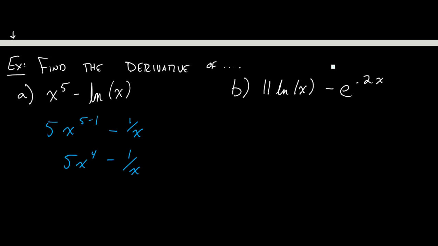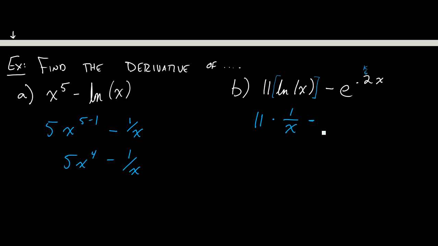Let's look at this one over here. Again, I have a constant times something that I know how to take the derivative of. So it's going to be 11 times the derivative of what's inside here, so 11 times 1 over x. Same thing I did right here. Then I'm going to have minus, and this is an e to the kx thing.